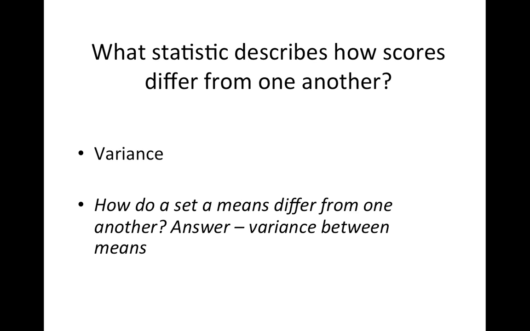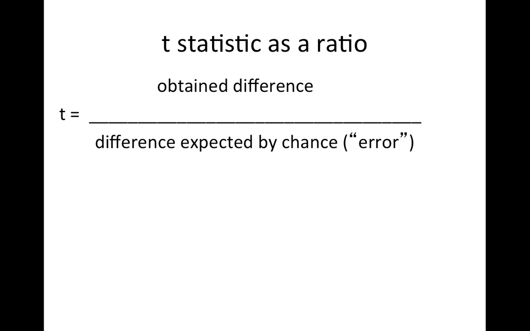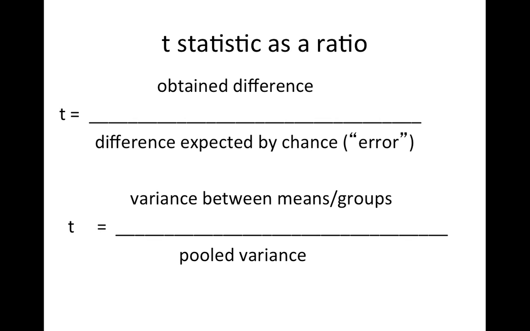What if we were to treat the means as scores and calculate the variance between the means? That would be interesting. So, in a sense, what we're going to do is reconstruct the t-statistic as a ratio between variances: the variance between means divided by pooled variance.